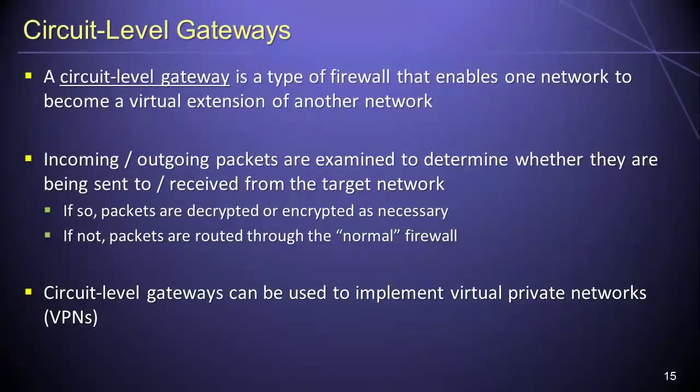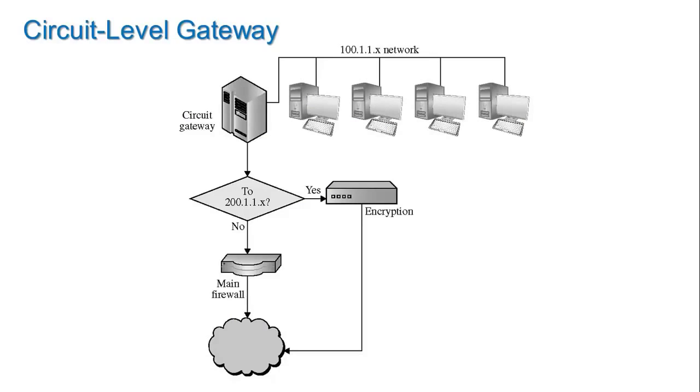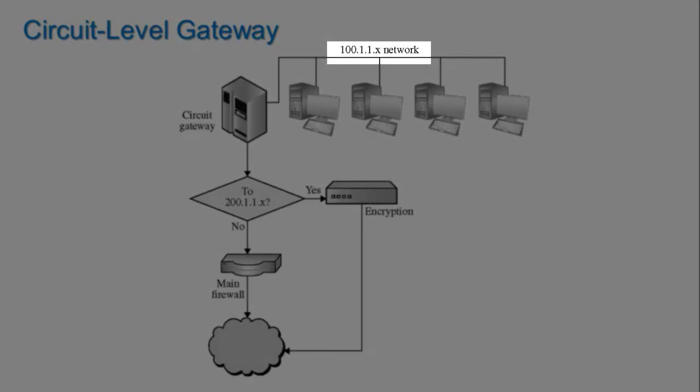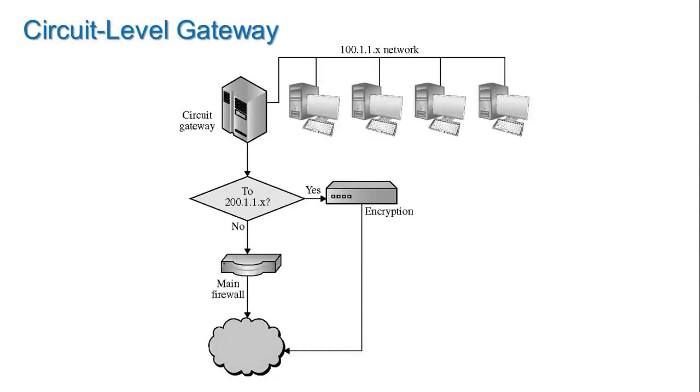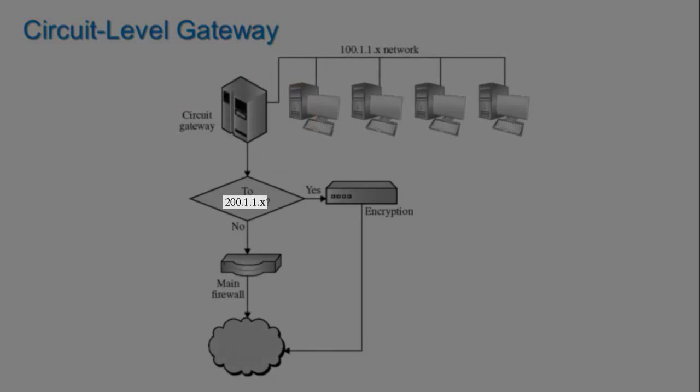As an example of a circuit-level gateway, imagine that an organization has two offices located in two different cities and wants to connect the office networks together to improve efficiency. The local network for each office will have been assigned a subnet address. To create an extended network that interconnects the two office networks, each location could implement a circuit-level gateway using the other location's subnet address.